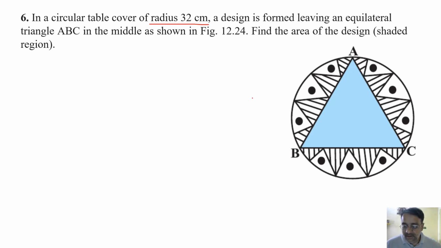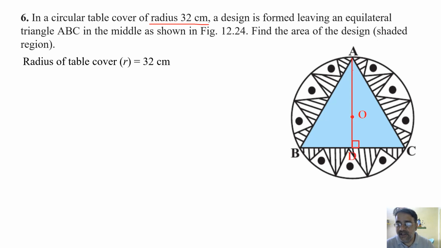So we'll draw first. Radius is given, 32 centimeter. So if we take O as the center, OA will be 32. AD is perpendicular to BC, and AD is the median also, and O is the circumcenter, incenter, orthocenter and centroid also.